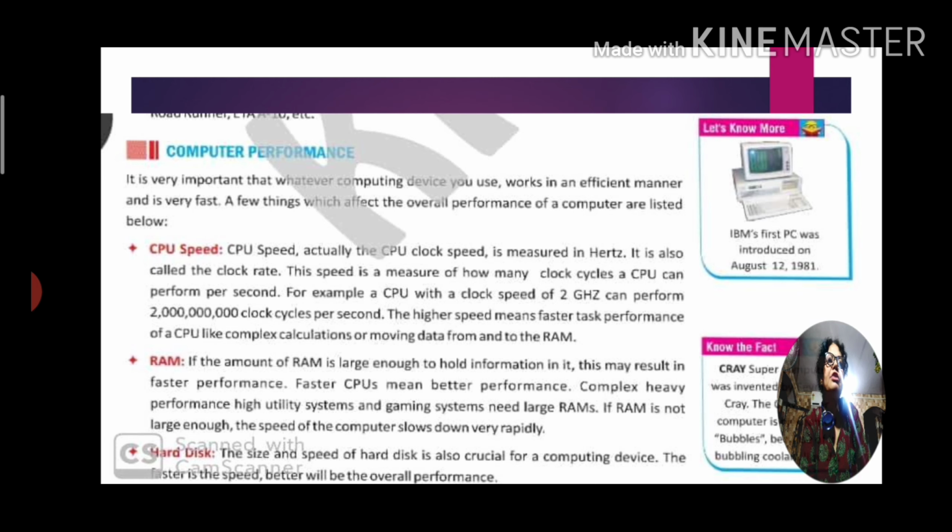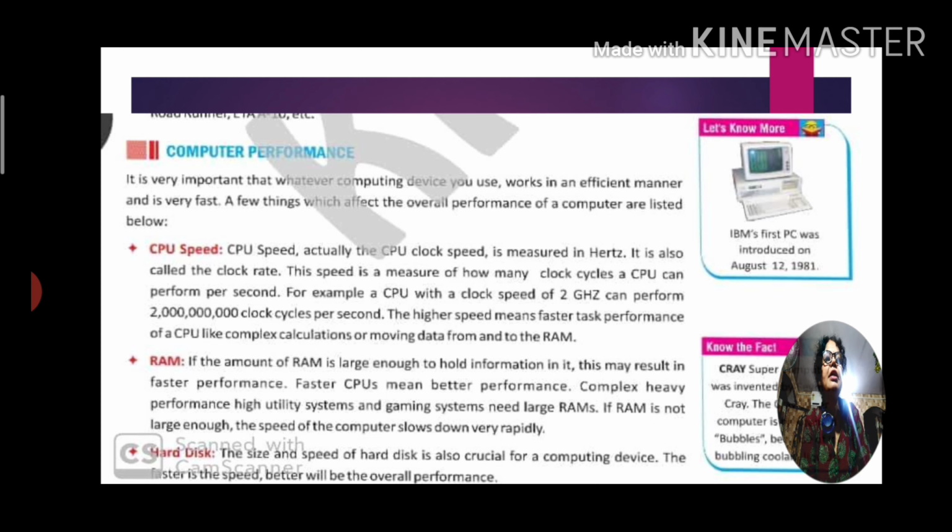A few things which affect the overall performance of a computer are shown in the slide. The first one is CPU speed. The CPU clock speed is measured in hertz.